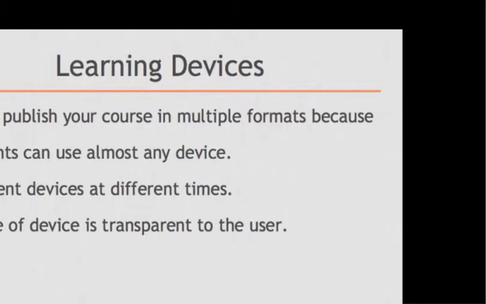And what we can do as instructional designers is we can help the educator set up in a way that the students can use almost any device and different devices throughout their course as well. And that is transparent to the user. So the user doesn't really know anything about changing from device to device. As far as they can see, they're looking at the same course on an iPad as versus an iPhone.